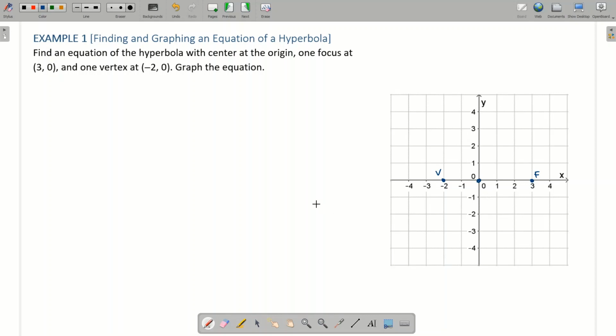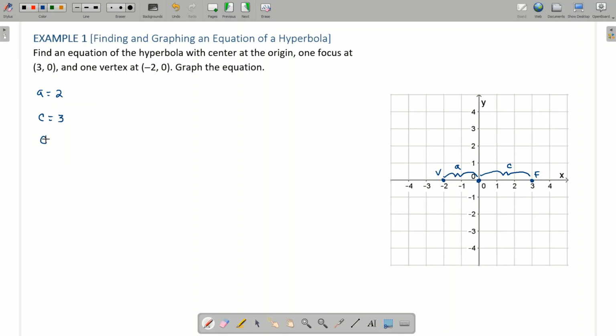Okay, so this gives us quite a bit of information already. The distance from here to the center, from V to the center, that is A. So we know A is equal to 2. We also know that the distance from the center to a focus is C. So that tells us that C is equal to 3.